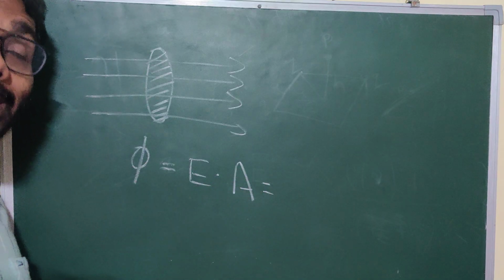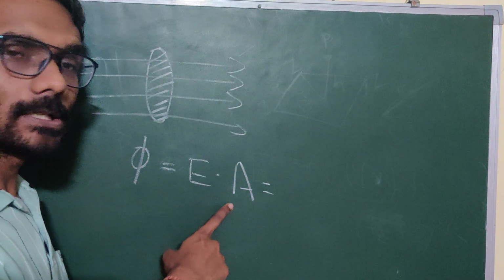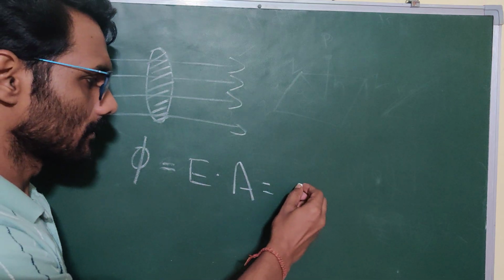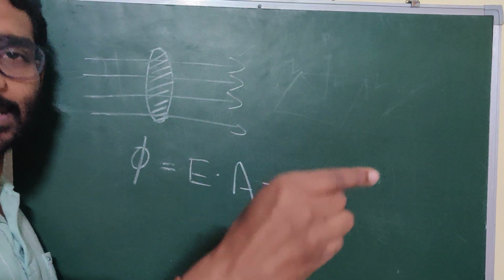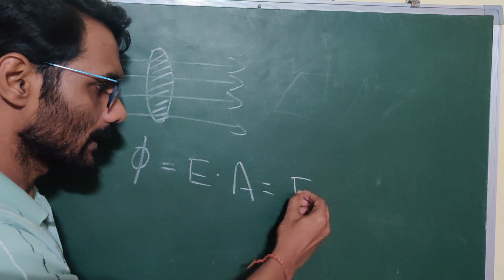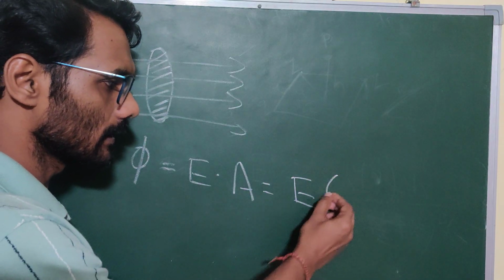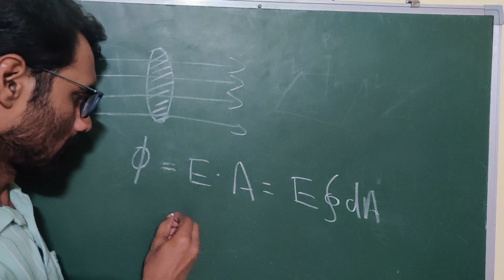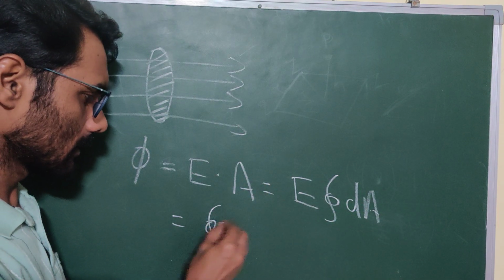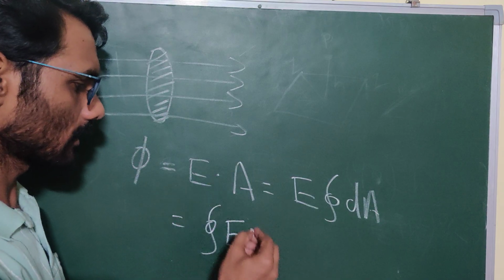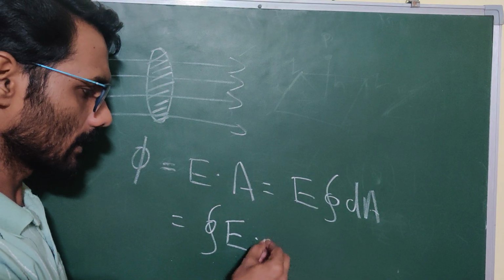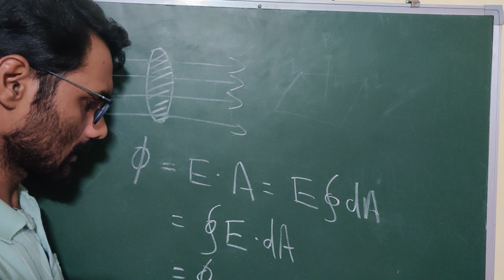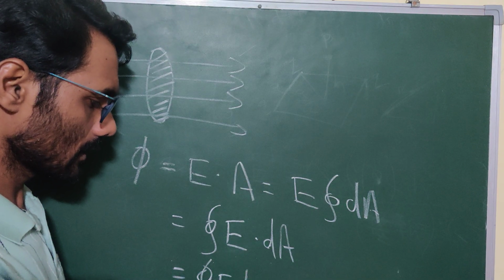In integration form we can also write it, and here the dot product is there. So in integration form it will be the integral of E dot dA, which you can write as the integral of E dA cos theta.